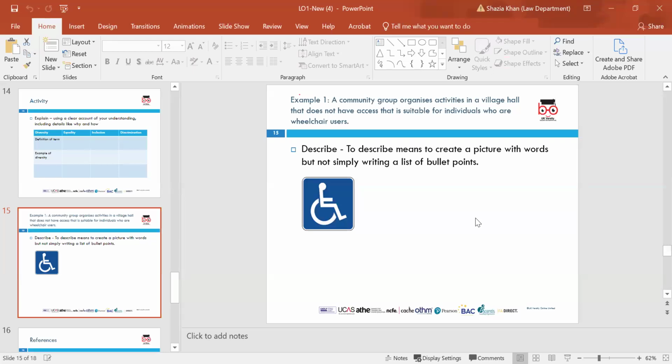To describe means to create a picture with words, but not simply writing a list of bullet points. So if you're working within an organization and there are no signs or anything for anyone who's a wheelchair user, or anywhere where it says, for example, to prevent people from touching some form of hazardous material, they need to have a warning sign out there for people so that they have access.